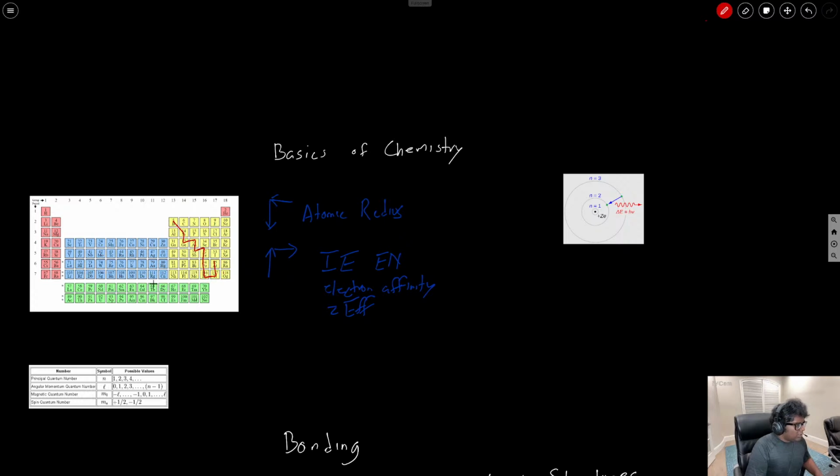Here. These are all the metalloids. Everything to the right of it is considered non-metals. Everything to the left of it is considered metals. That's the clearest I can make with the periodic table I have here.